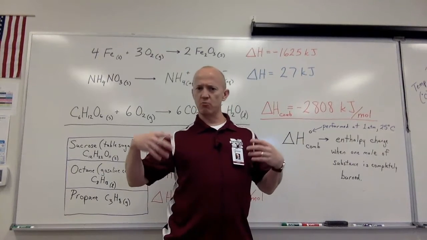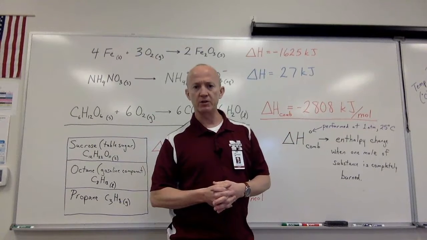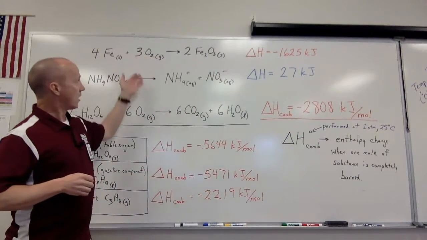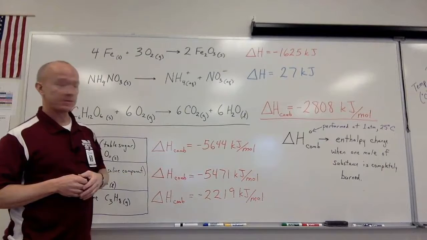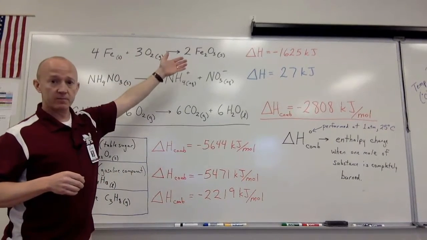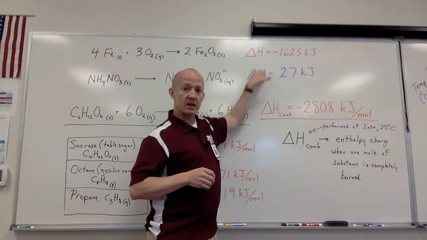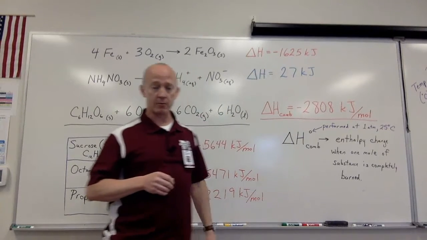They want to get kind of a real world view of what's going on. So these again are thermochemical equations. They tell us states of matter. They tell us, of course, the reaction, but they also tell us the heat energy involved in that reaction.